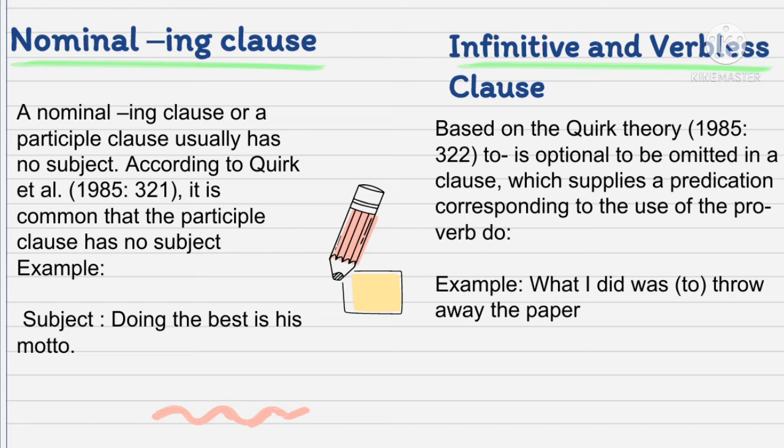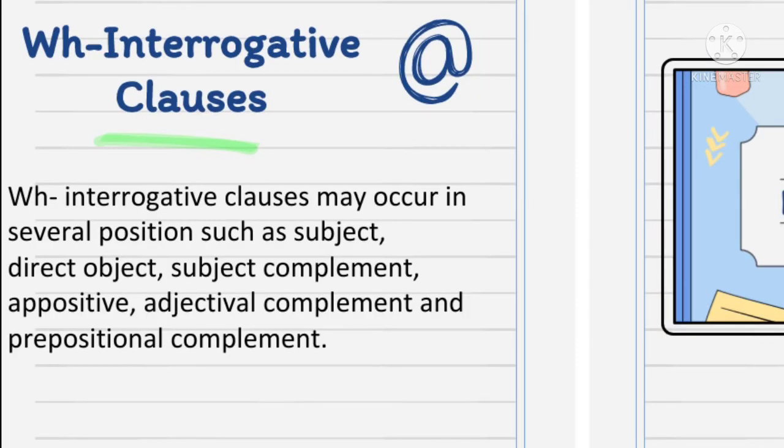Based on Quirk's theory, to is optional and can be omitted in a clause which supplies a predication corresponding to the use of the pro-verb do. Example: what I did was to throw away the paper.